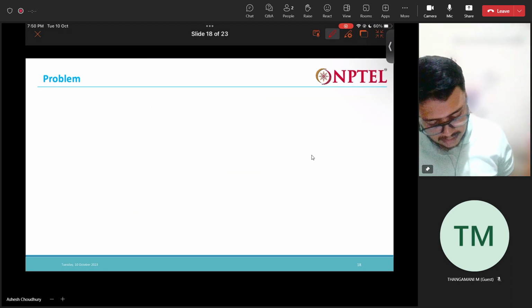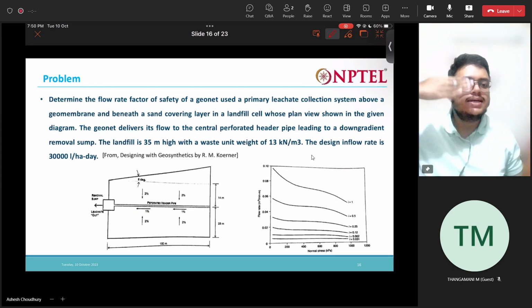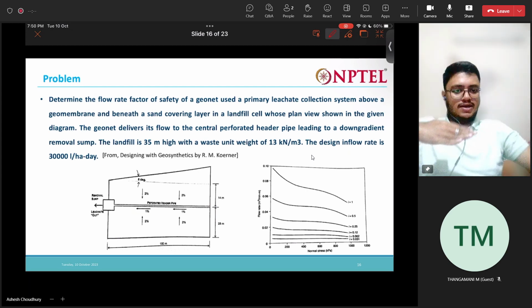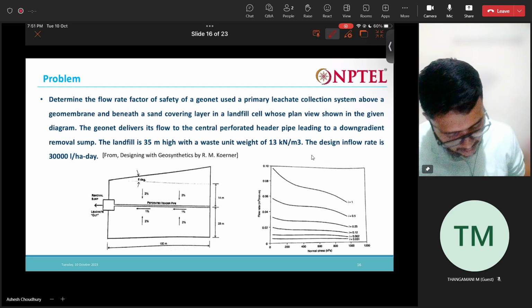What is the gradient along which this geonet is placed? It is 2% gradient, right? The geonet is placed along 2% gradient. See, it's given, right? So 0.02.